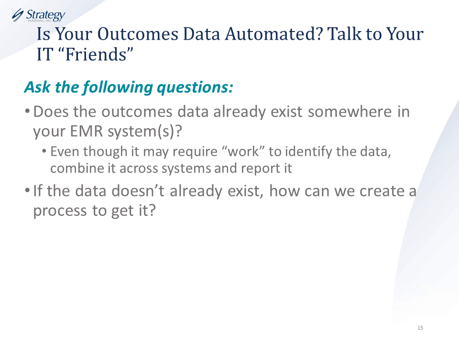So once you've identified, I really want to track A1C level as part of my diabetes management, and I want to track whether they are actually doing the things that are part of our diabetes education program, what you want to do is reach out, talk to your IT friends, and ask the following question: does the outcomes data already exist somewhere in our EMR system?